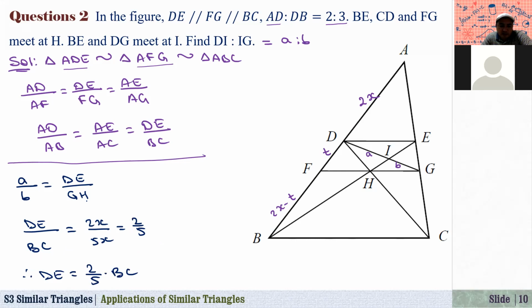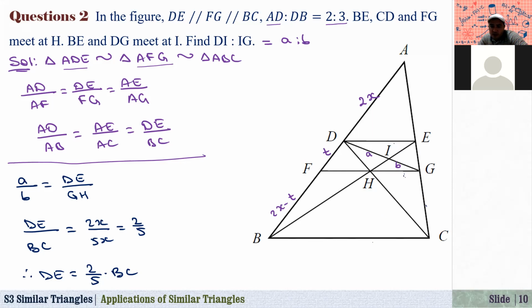Now, how about BCGH? What is GH here? How can we make a connection?